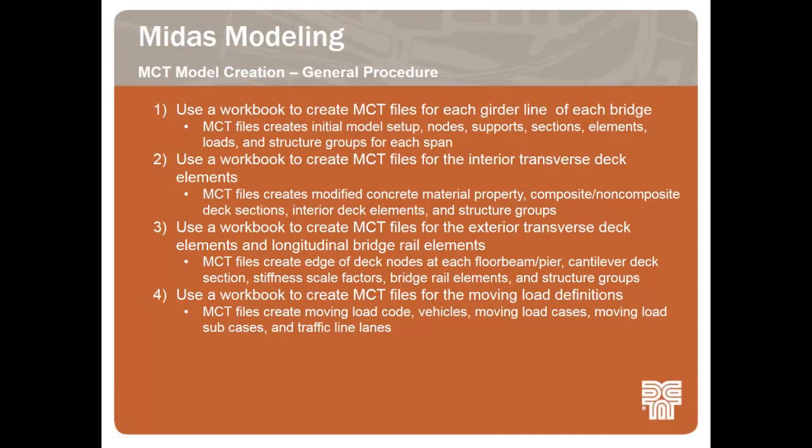The general procedure for creating the total bridge model that I used was, first I would use a developed workbook to create the MCT file for each girder line of each bridge. There was a total of 10 girder lines that were rated for the 2 bridges, with additional 6 girder lines for the 3 additional approach spans, or 2 spans of the 3 additional approach bridges that were used to capture dead load and live load effects transferred through the expansion joint.